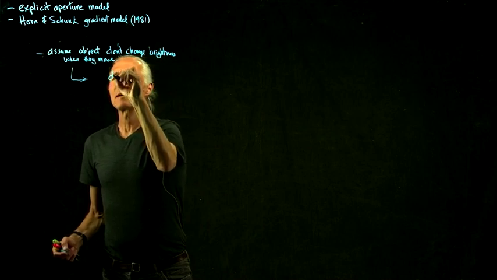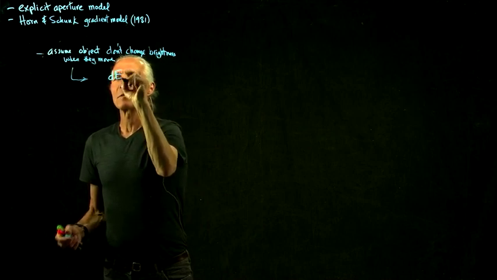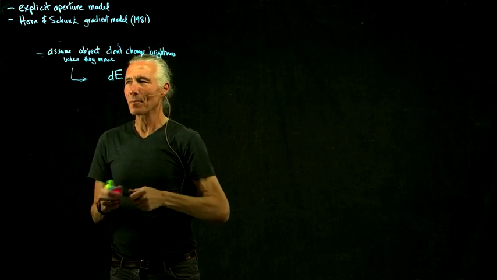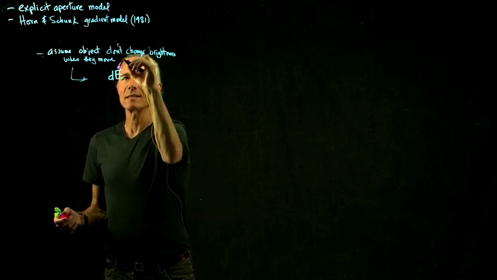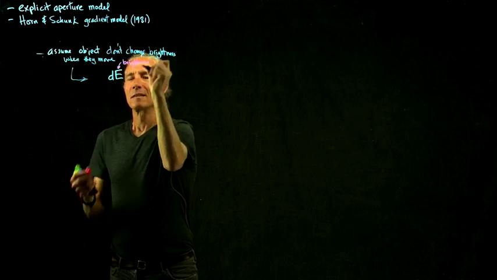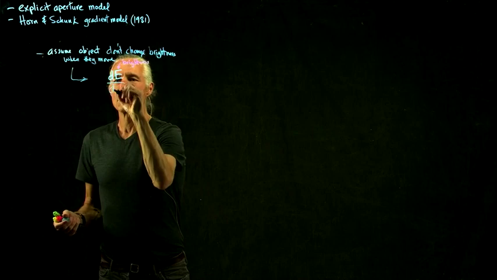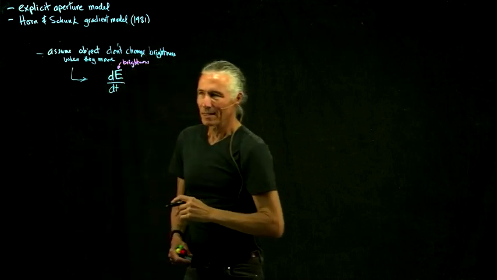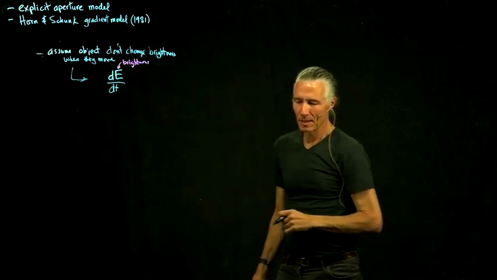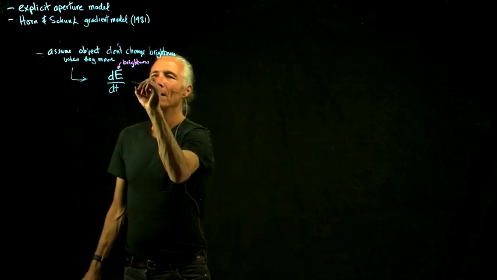E is the brightness. The derivative of the brightness just means the change in brightness with respect to time, so the change in brightness over a small time equals 0.